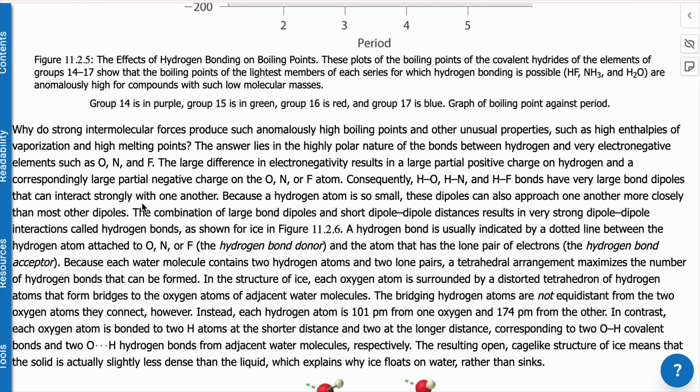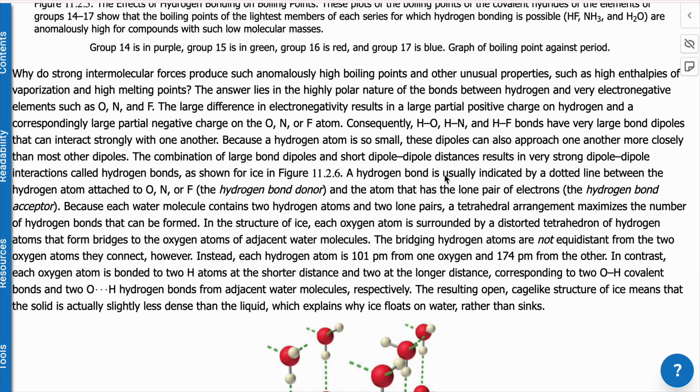Because the hydrogen atom is so small, these dipoles can also approach one another more closely than most other dipoles. The combination of large bond dipoles and short dipole-dipole distances results in very strong dipole-dipole interactions called hydrogen bonds.